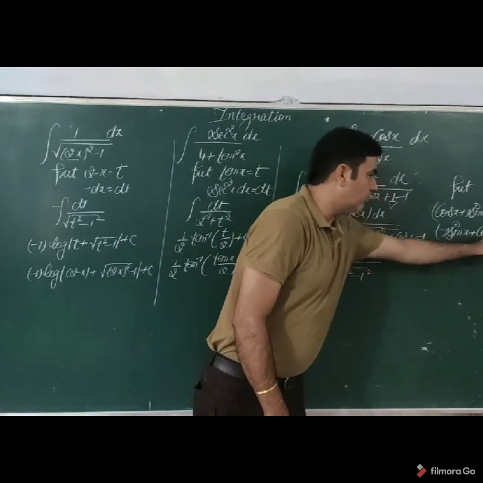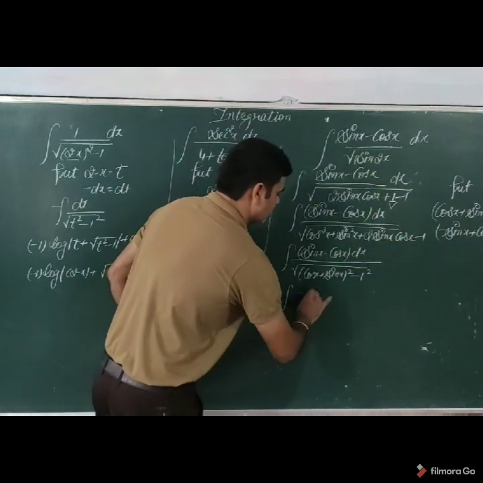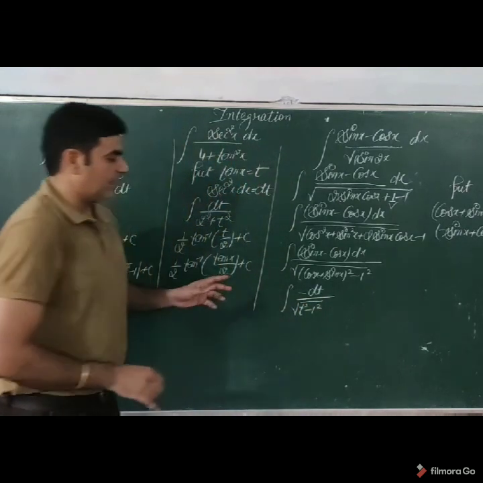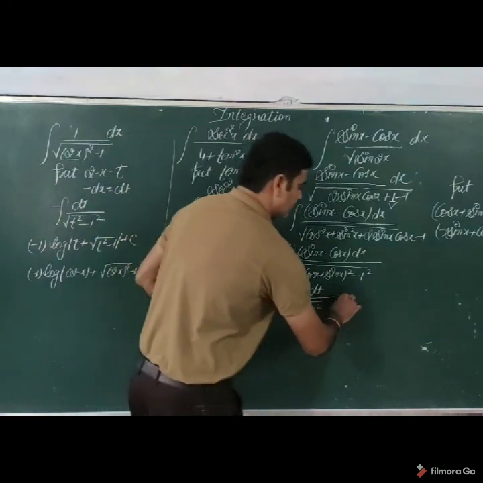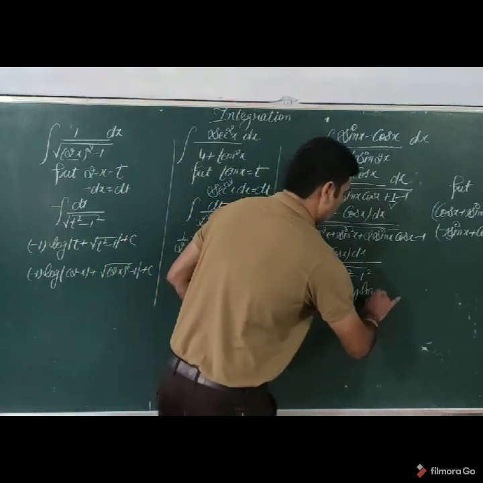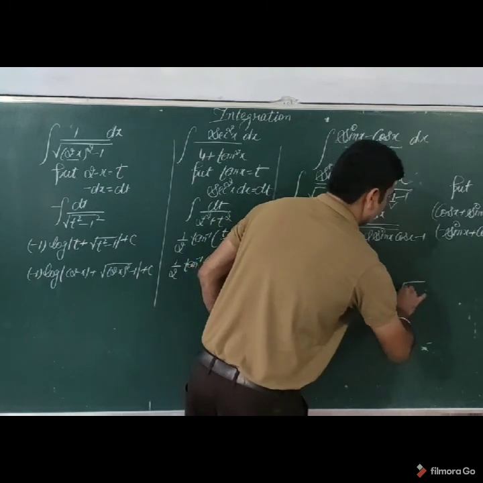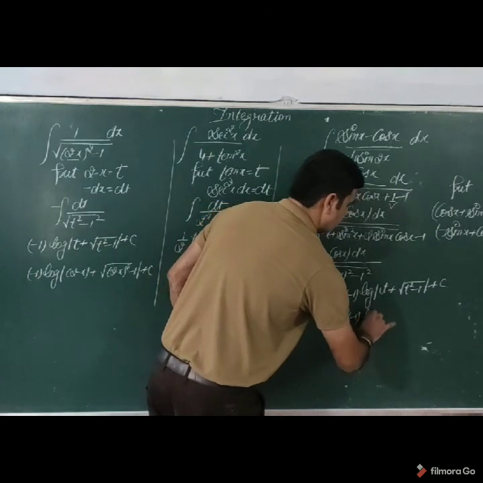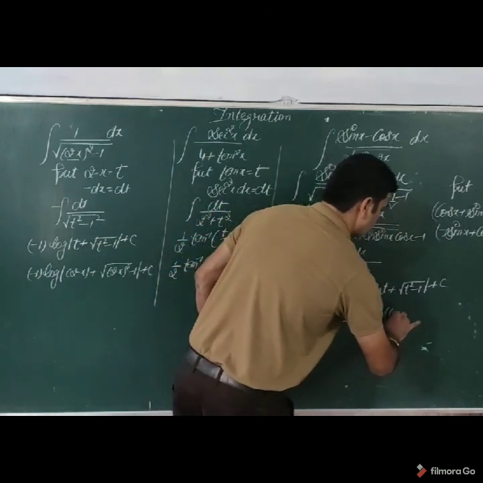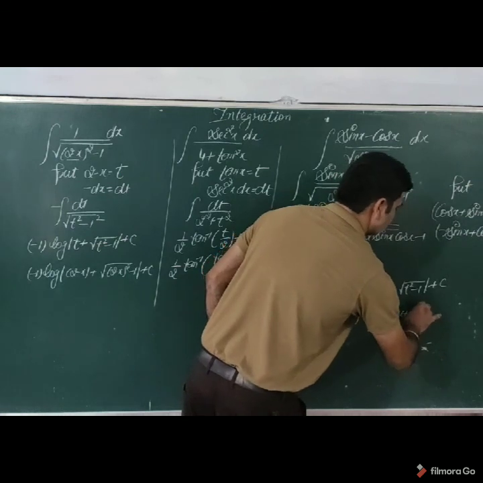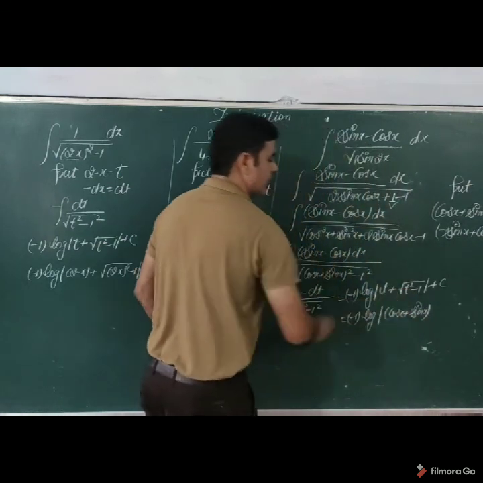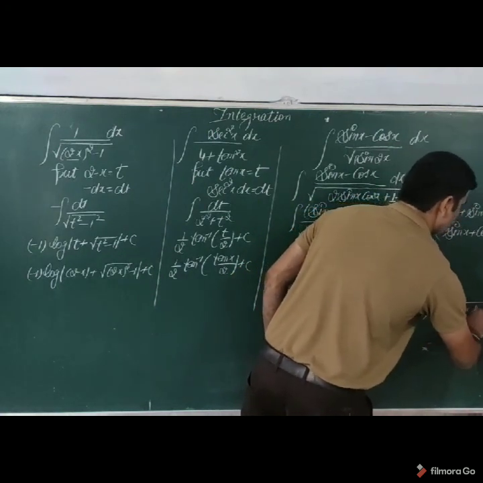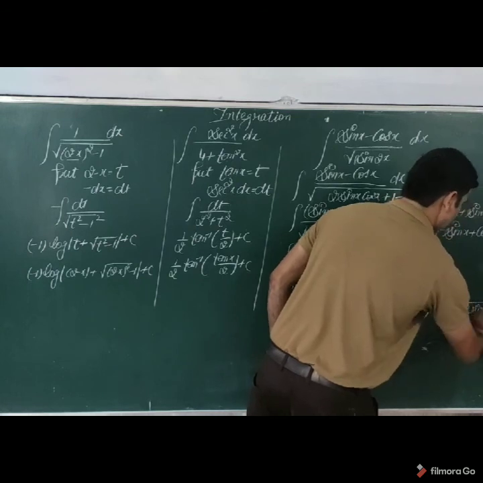So taking the negative on both sides, the upper value becomes minus dt, and the denominator becomes square root of t square minus 1 square. Now it becomes the x square minus a square form, which is given by log of x plus square root of x square minus a square, plus c. Replacing the value of t, we get minus 1 times log of t, which means cos x plus sin x, plus square root of (cos x plus sin x) whole square minus 1.